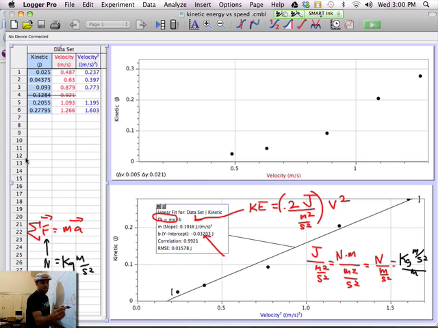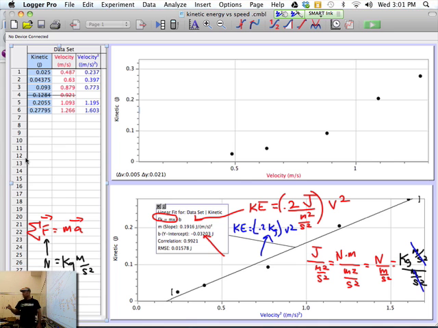So this slope, when the units are actually simplified, this is kilograms. Should it be? Because KE equals, I'm going to block this in, 0.2 kilograms times v squared.